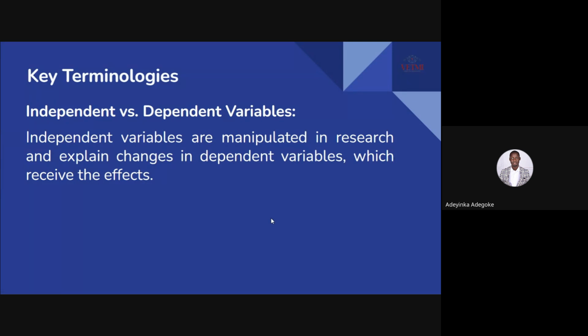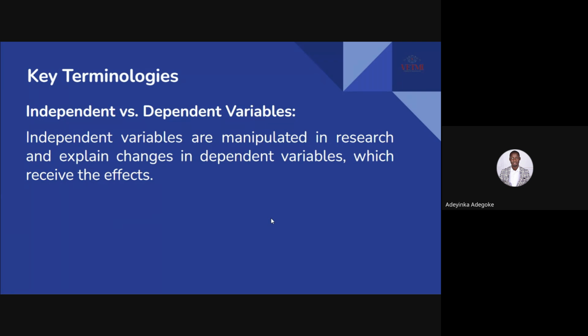We have a variable, let's say, what's the impact of age at marriage on number of children? We notice that in that particular question, one is affecting the other. We can see the effect of one on the other. We now look critically into that. We say, okay, which one is affecting the other? So the one affecting the other is the independent variable.